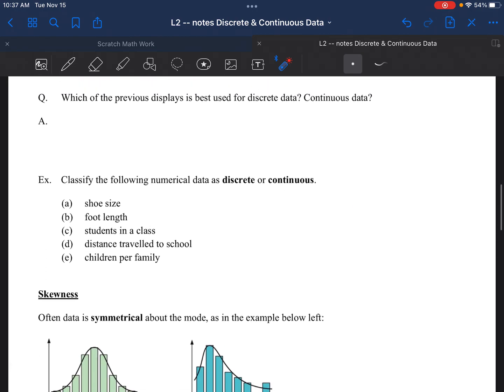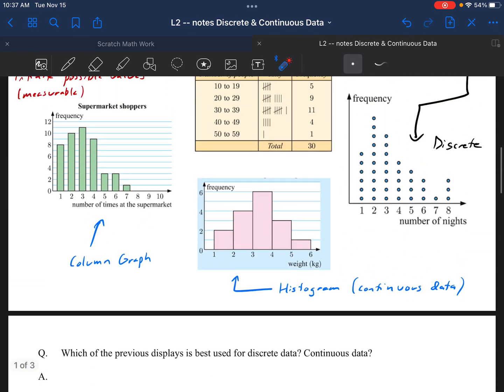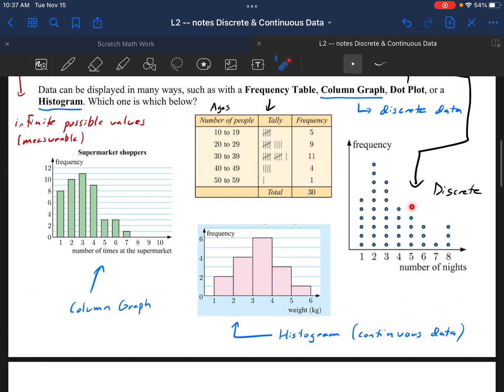Going on. So first question here. Which of the previous displays is best used for discrete data and continuous? Well, we kind of just talked about it, right? A column graph you have to use for discrete data. A histogram you almost always should use for continuous data. And a dot plot you have to use for discrete data.